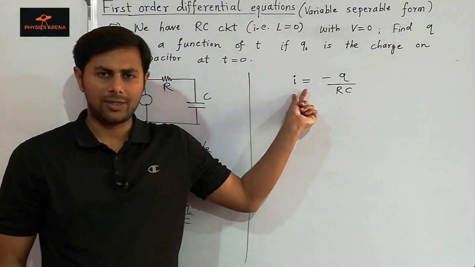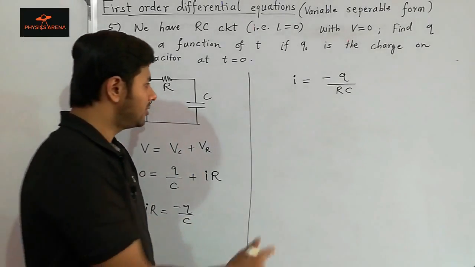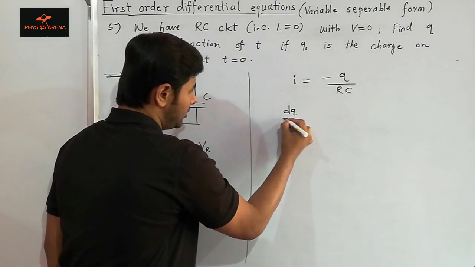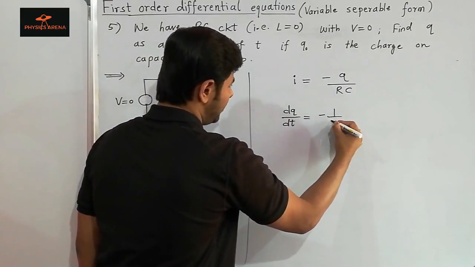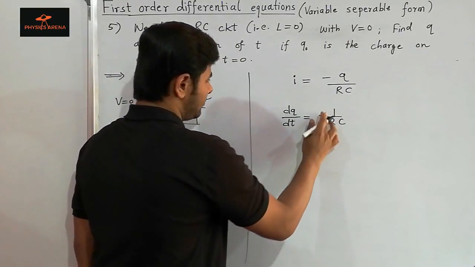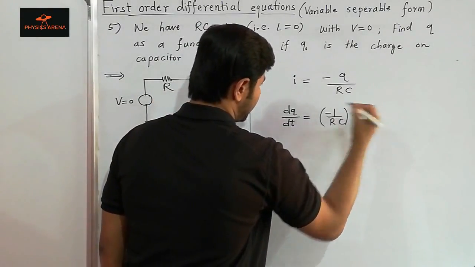And we know that current is equal to change in charge over time. So this is dQ over dt equals minus 1 over RC multiplied by Q.